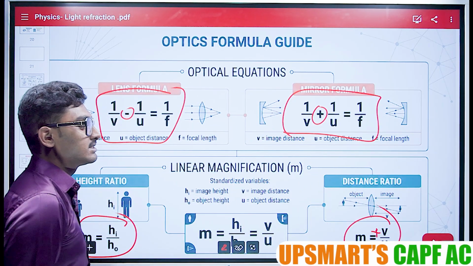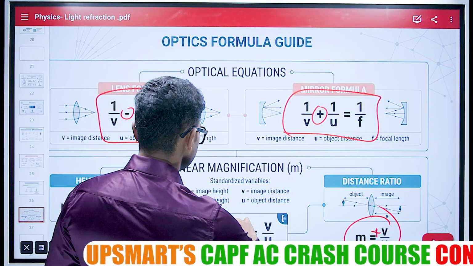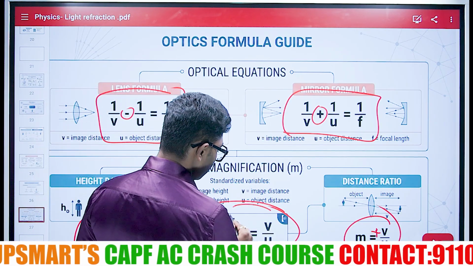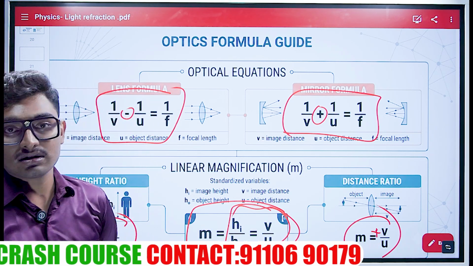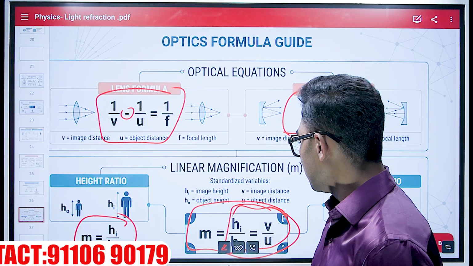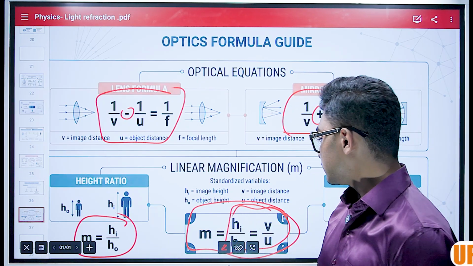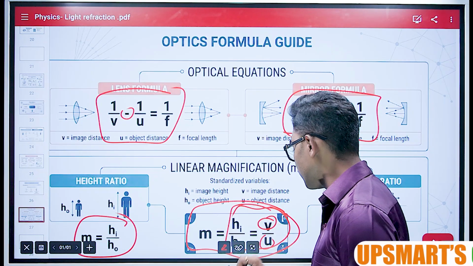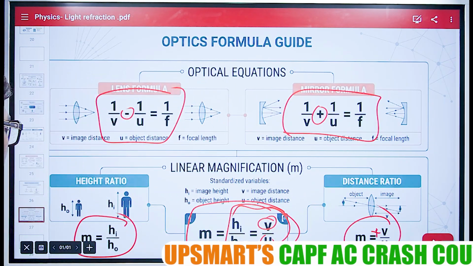Remember, in lens it is plus v by u, in mirror it is minus v by u. You have to remember this relation, mainly this relation, because it can be used in many applications. So for example, the height of the image or the distance of the image or distance of the object may be asked, you can easily find out by these formulas.